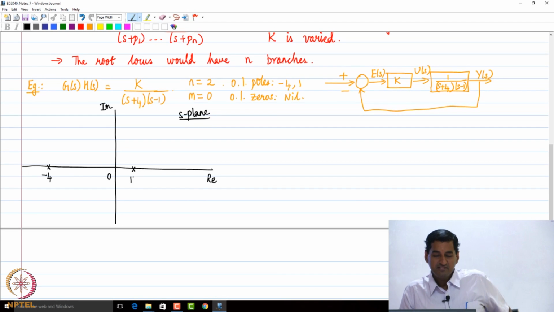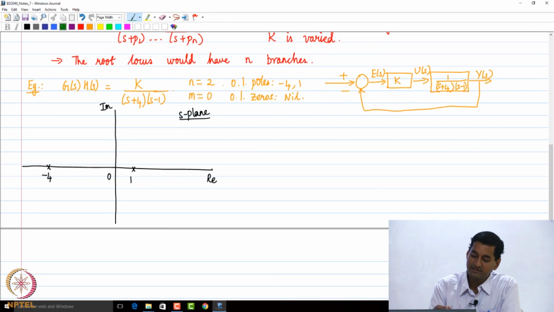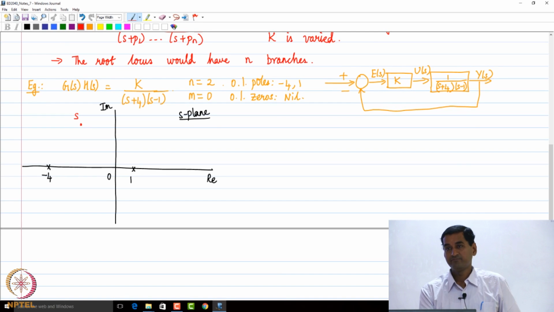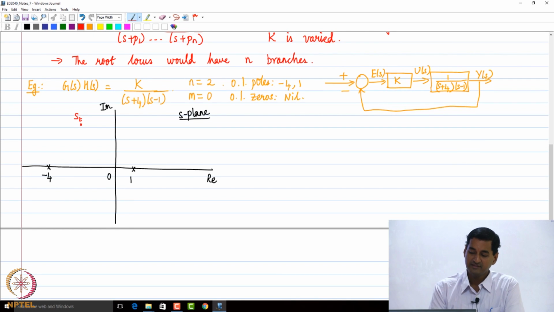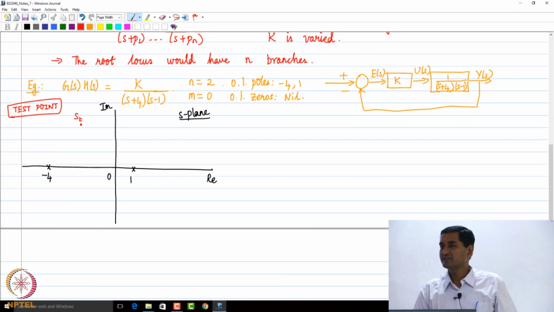Let us take some test point, and I put a subscript T, so s subscript T indicates a test point. I can take some test point in the s plane and figure out whether it lies on the root locus or not.